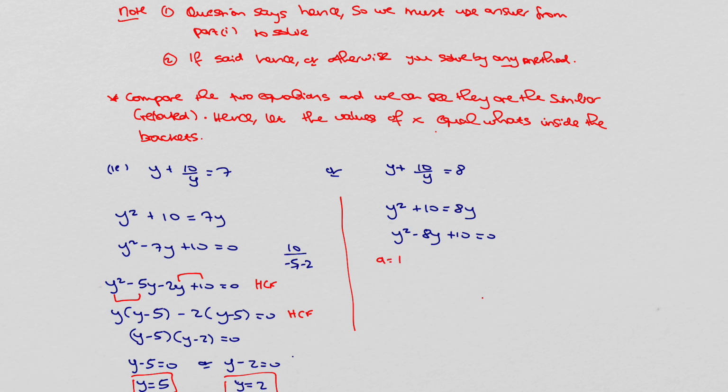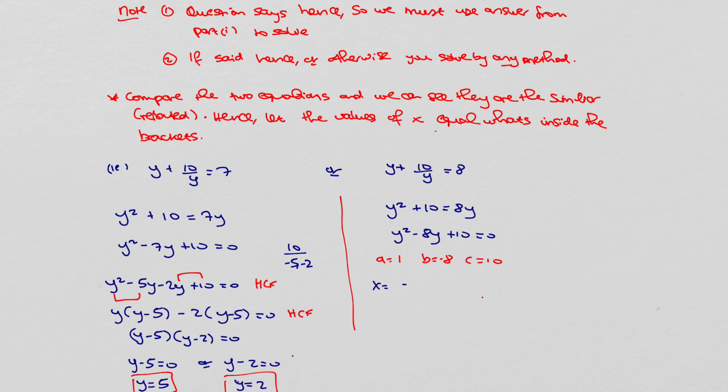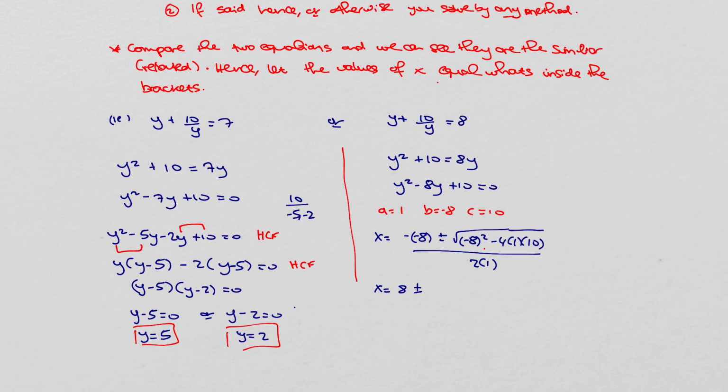So here I have to use my quadratic formula to solve. So if I sub in, we have x equals minus b plus or minus the square root of b squared minus 4 times a times c all over 2 times a. And that gives me 8 plus or minus the square root of, so 64 minus 40 is root 24 over 2.